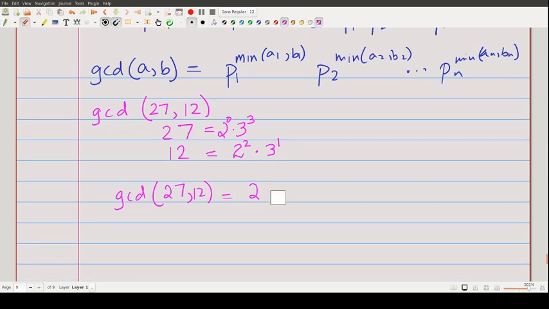Times 3 to the minimum of the power of 3, which is 3, and the power of 3 over here, which is 1, and so the result is 2 to the power 0 times 3 to the power 1, and so the GCD of 27 and 12 is 3, which you can verify. There is no number bigger than 3 that can divide both 27 and 12.